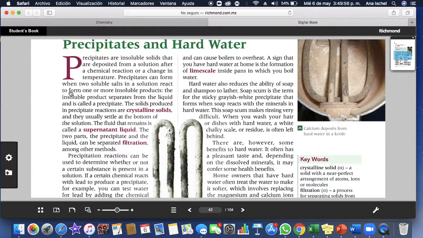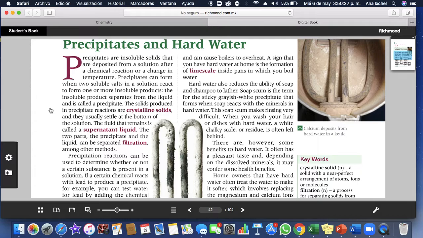Precipitates can form when two soluble salts in a solution react to form one or more insoluble products. The insoluble products separate from the liquid and are called a precipitate. The solids produced in precipitate reactions are crystalline solids, and they usually settle at the bottom of the solution.